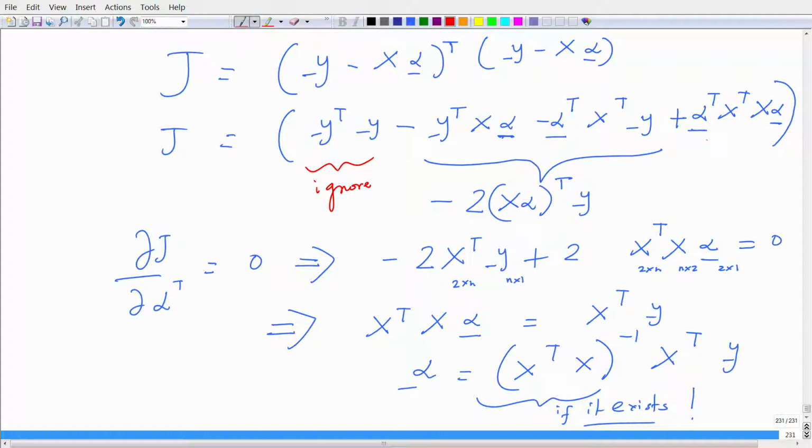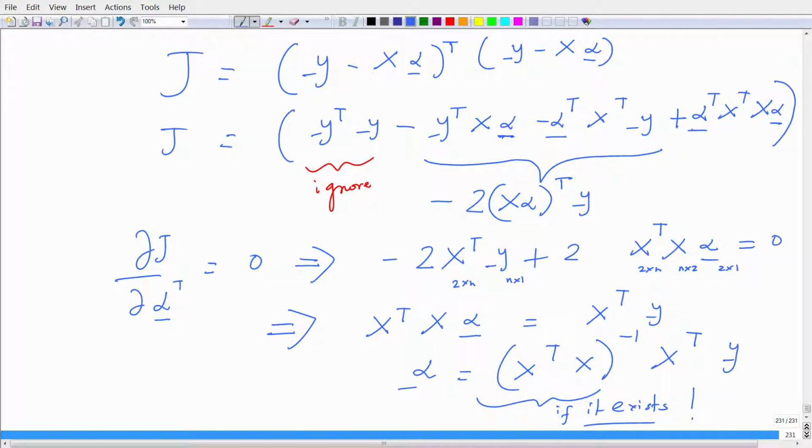So, we write it as alpha transpose X times alpha, we treat it like this. Now, we take the partial of this cost with respect to alpha transpose, and we set this equal to 0.